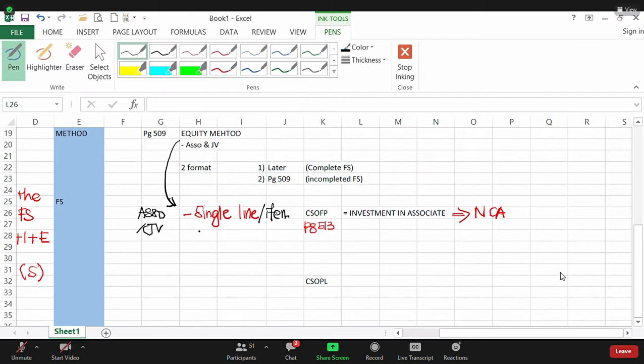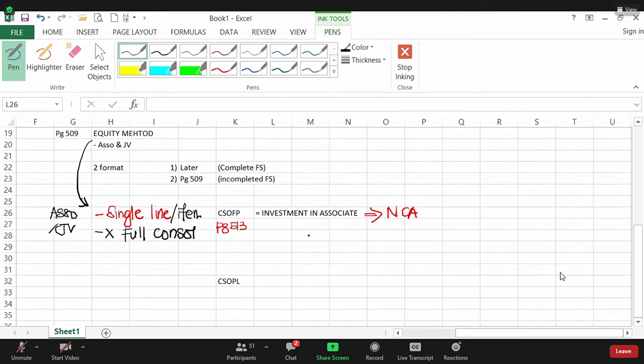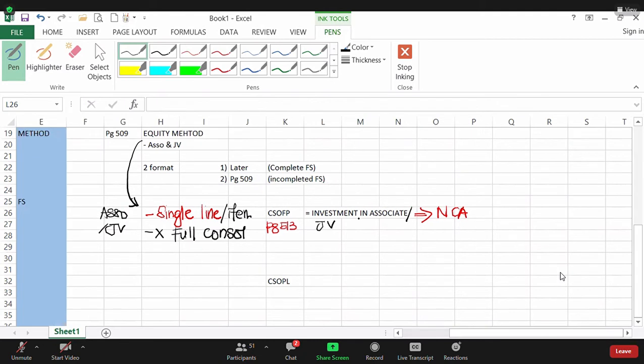So you are not doing full consol. You only put one line talking about associate or JV. If the relationship between you and that company is associate, you call it investment in associate. If the relationship is JV, then you call it investment in JV. So you change the word according to the situation, what kind of relationship you have.